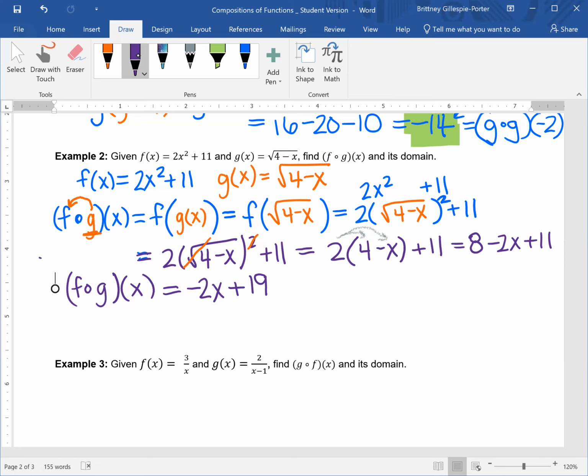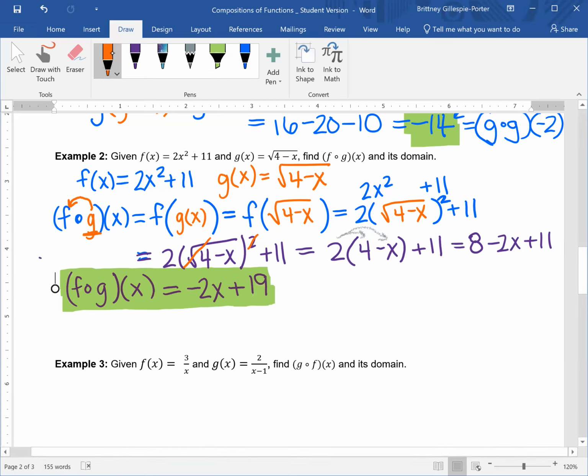You could have 19 minus 2x, that's fine. This is just preference for me that I always put in descending order. So we have f composed with g of x. We need to find the domain.